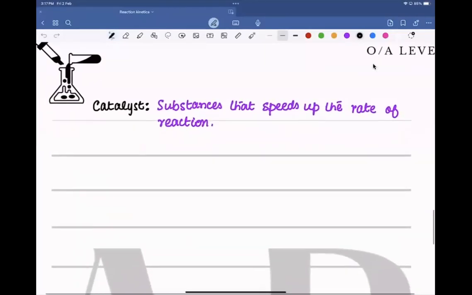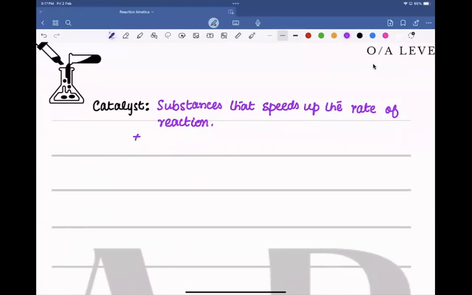Okay, so we were doing the rate of a reaction, and we will be starting the catalyst, how the catalyst affects the rate of reaction. So basically we know that these are the substances which speed up the reaction. So how will catalysts do it?